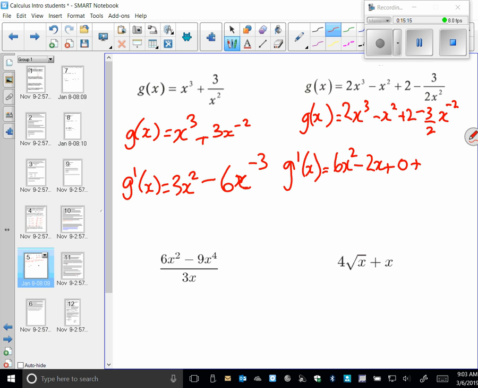Because I brought the negative 2 exponent to the front and then multiplied it by the fraction. So 2 times 3 over 2 is 6. And then the negatives cancel out. So then the 2s cancel out too, so that would be 3.